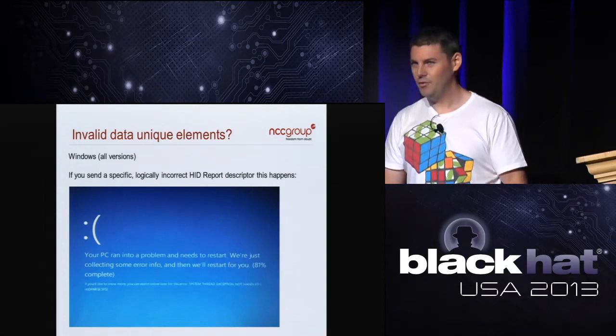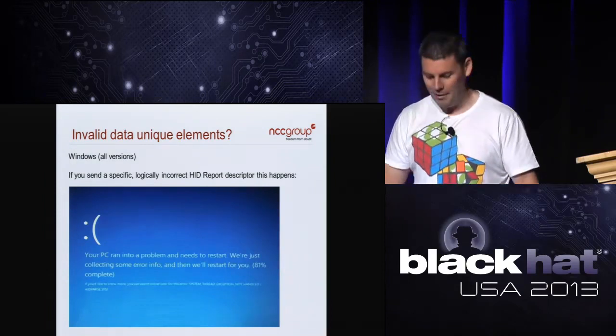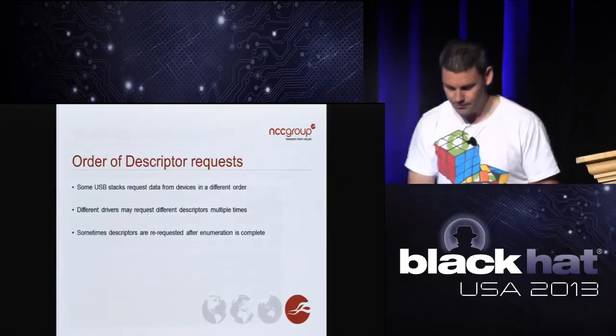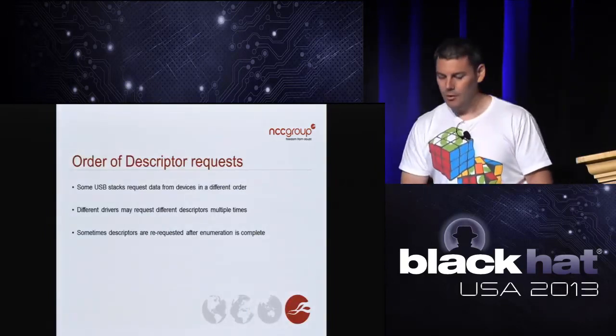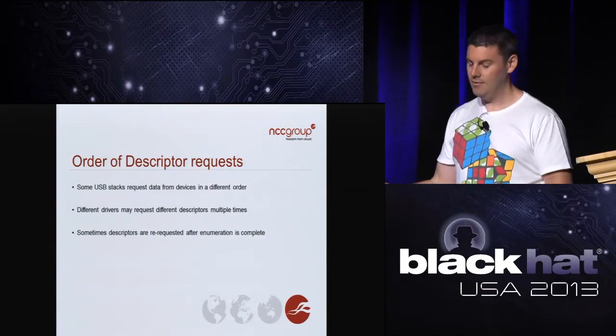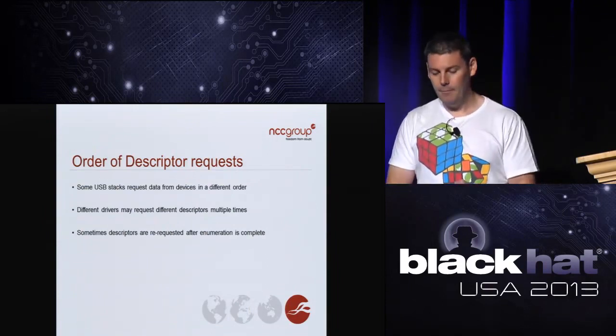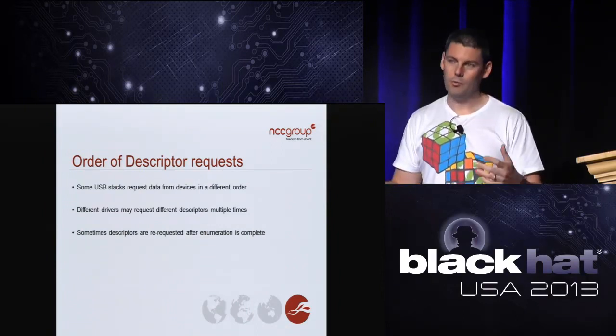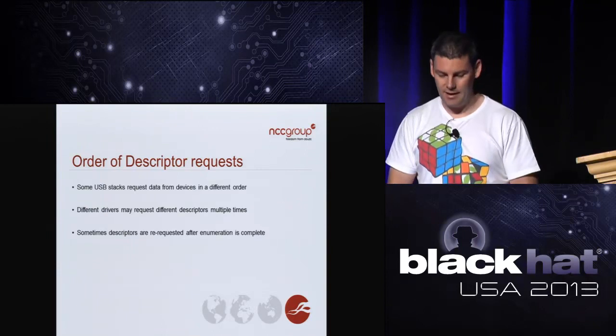Obviously not very useful if you're trying to fingerprint the system, but from an identifying bugs perspective, pretty cool. So some USB stacks request that data in different order. You might get additional descriptors that are requested multiple times by different layers of the stack.